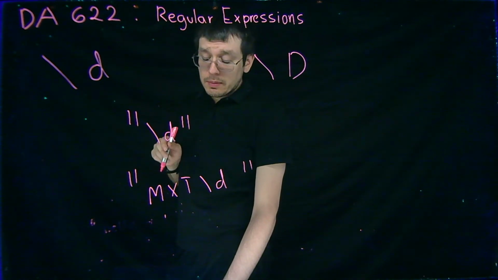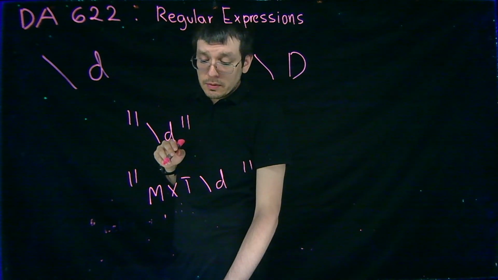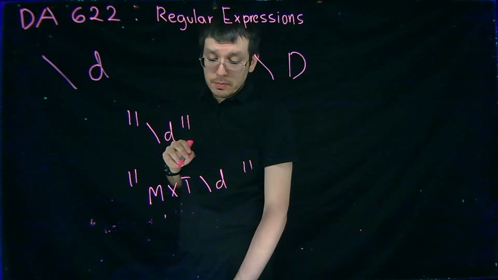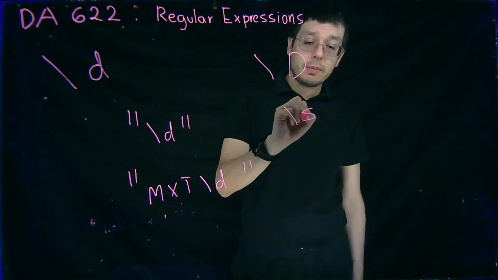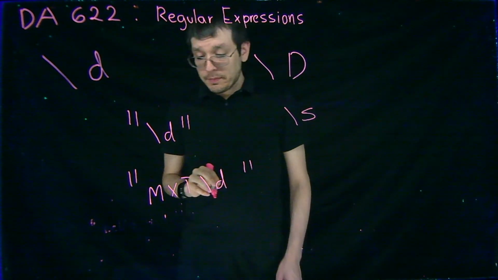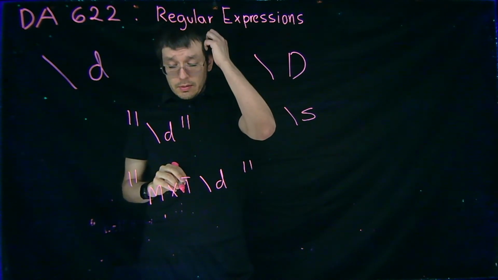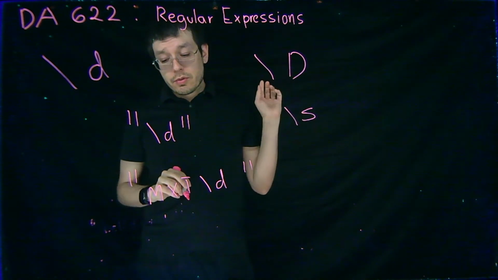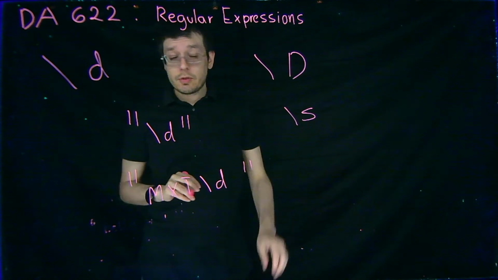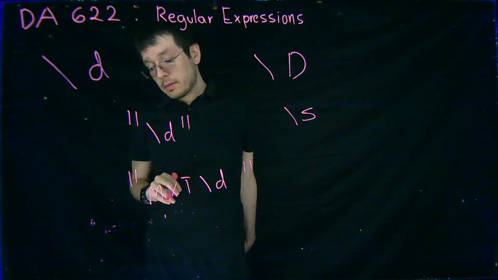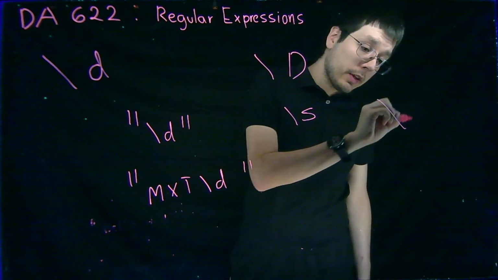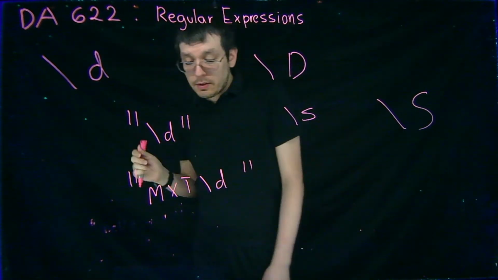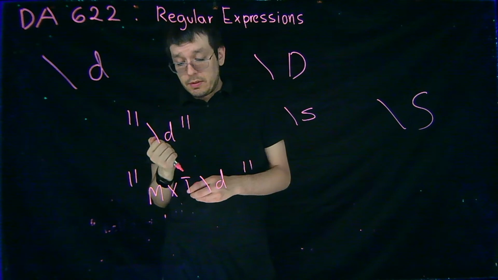I'll leave a link if you want to see more of the documentation. But let's just go with the other simple one, which is \s. We have lowercase s and uppercase S. Lowercase will return true if the string contains a white space character, like a space, a tab, and so on. And the uppercase one is where it does not contain a white space.